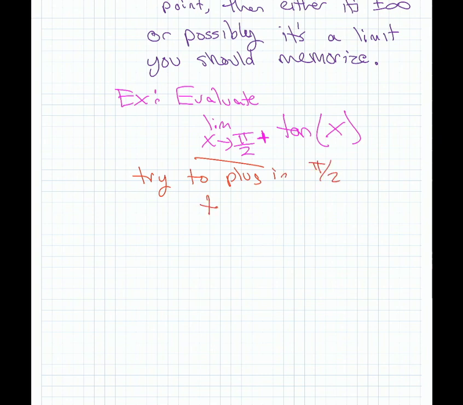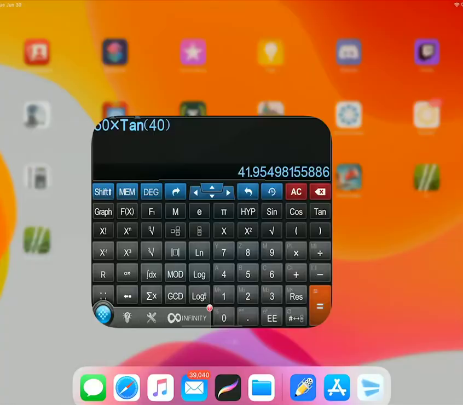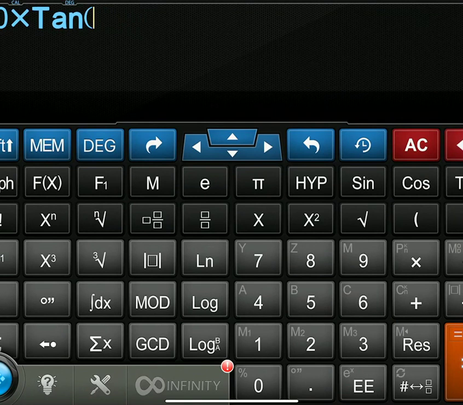So you get tangent pi over 2. Okay, I have a calculator, I'm going to punch that in. I don't know where pi is on this calculator. Oh, there it is.